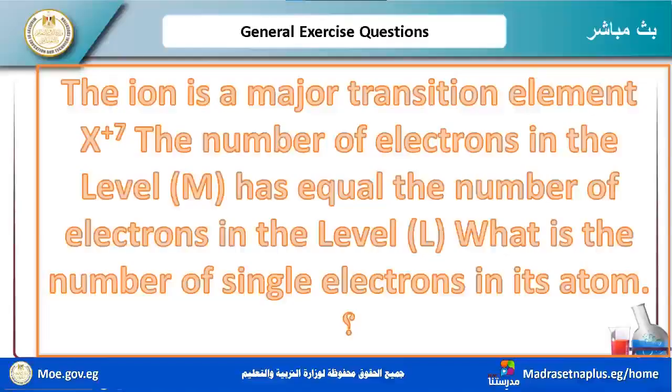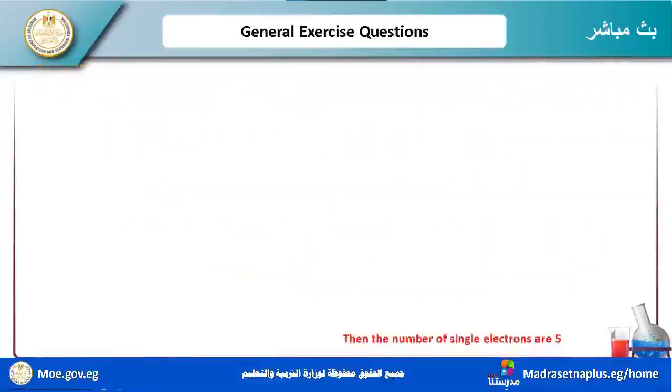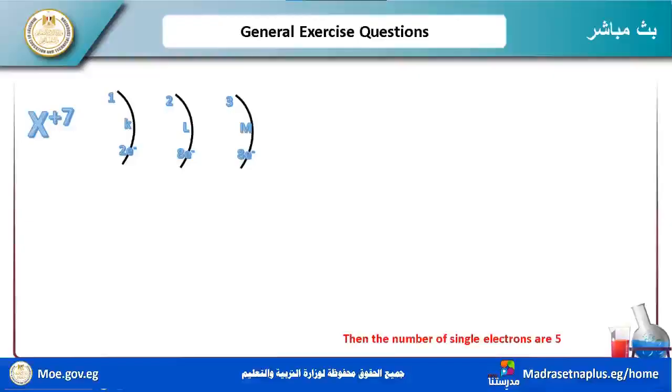You must calculate the number of electrons in level L and level M, so you will conclude the number of electrons in each and the total electrons in the atom. For X positive 7, level number 1 has 2 electrons, level number 2 has 8 electrons, and level M has 8 electrons.